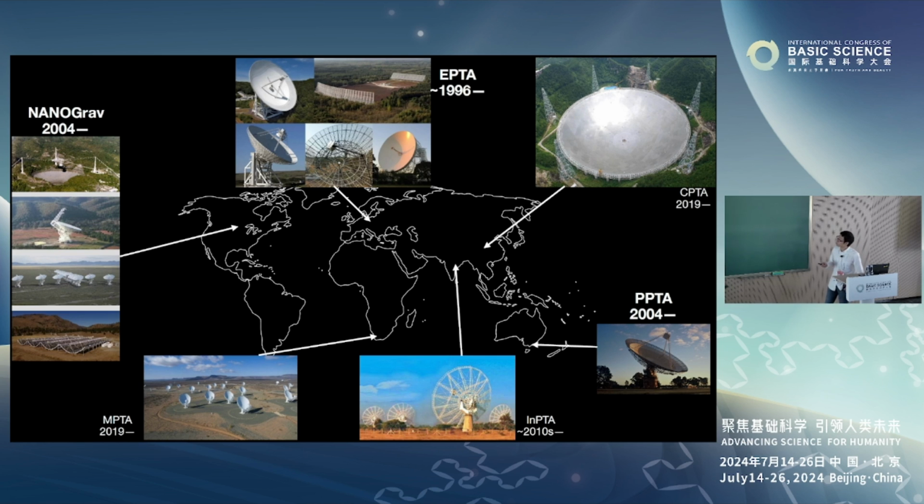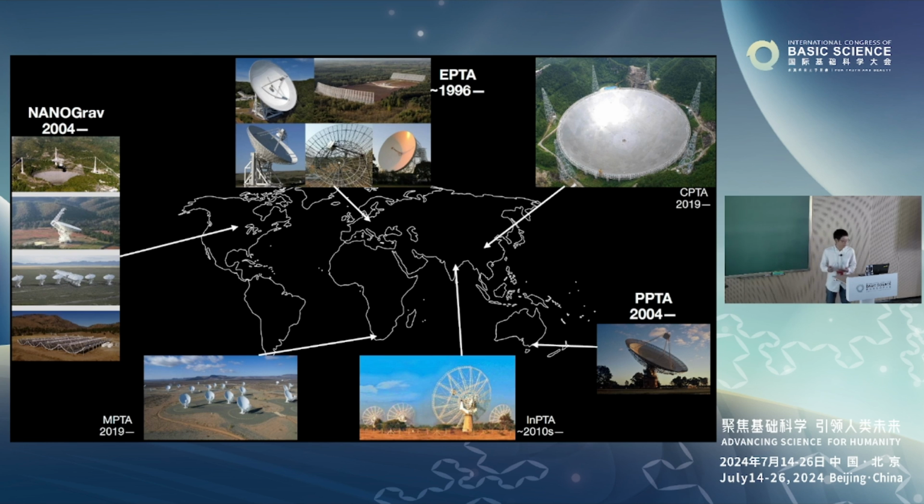We now only use FAST to do the pulsar timing, since China now only has such a large telescope that can do high-precision pulsar timing, and this means that we have a large shortage of observation time.